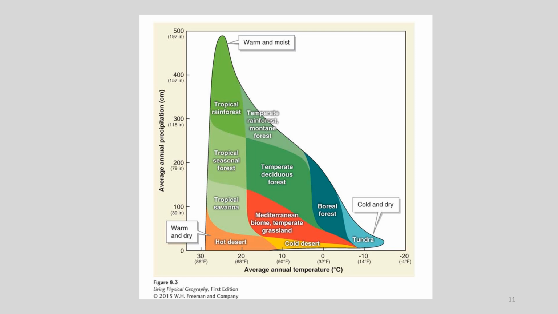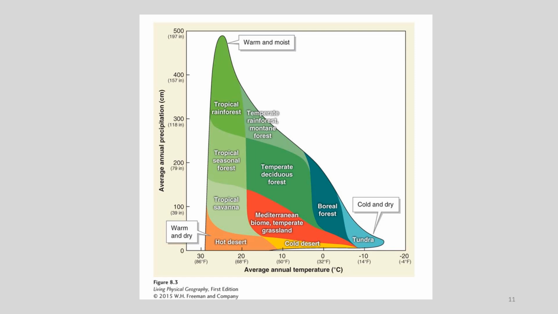This rather frightening looking graphic is something you are going to see twice, I believe, on your exam. Do not let it frighten you. This is the way this graphic works. We've got this odd looking thing going in the middle. It has different biomes listed on it. On the x-axis at the bottom, we are looking at average annual temperature, as a range.